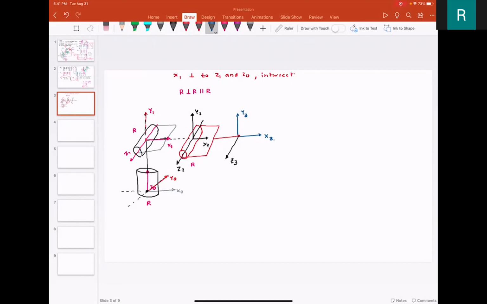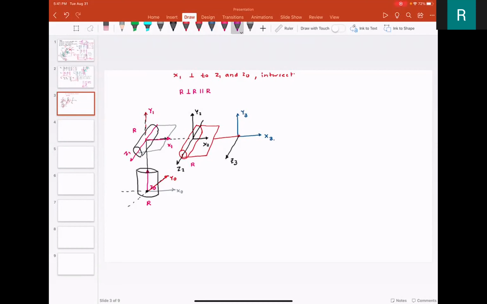And it's very tempting for me to solve this problem completely. I will solve this problem completely, and I will show you the solution using MATLAB. But at this point, I would like to give you a couple of minutes to write homogeneous transformation matrices.